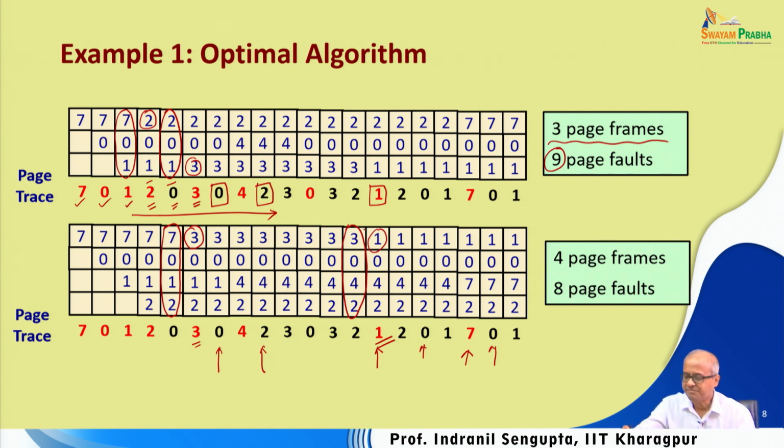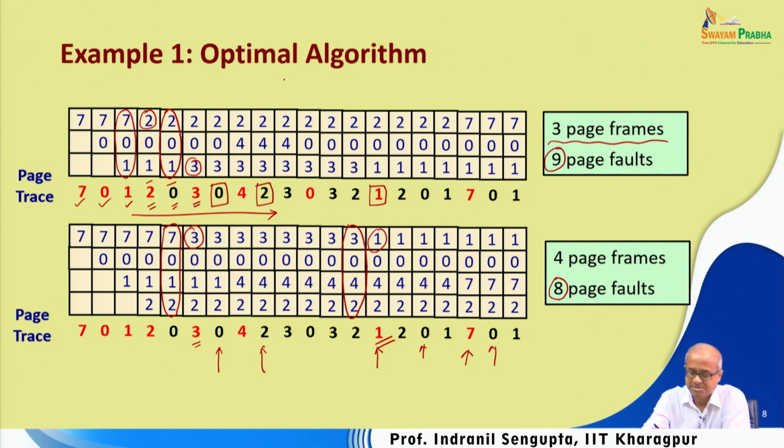So, for this if you see, you will see that the number of page faults is 8 and this is the minimum possible. And you can analyze at every time step what is the set of pages in for 3 frames and for 4 frames, you will find that they are a subset. It is true for every time step.